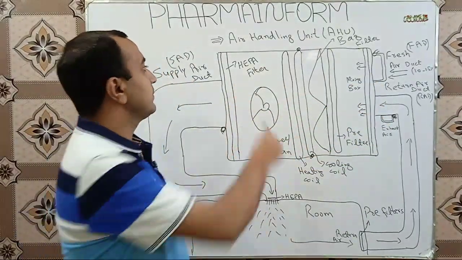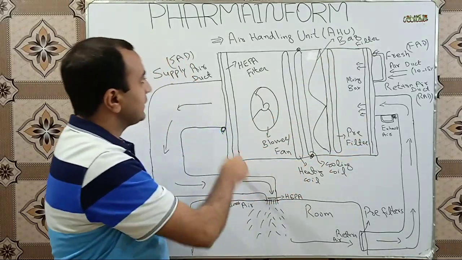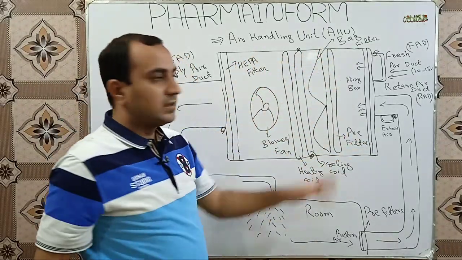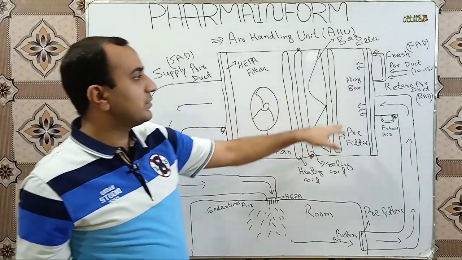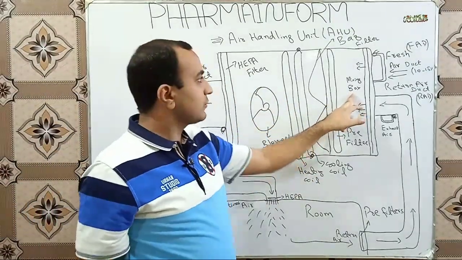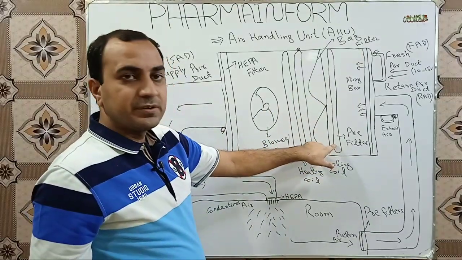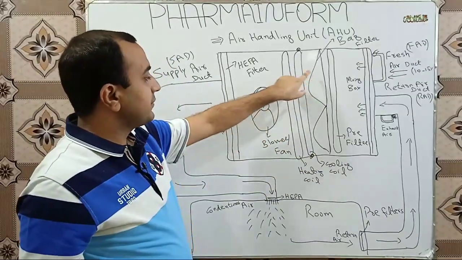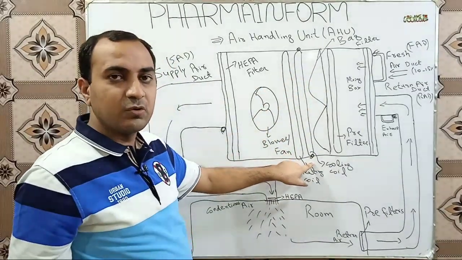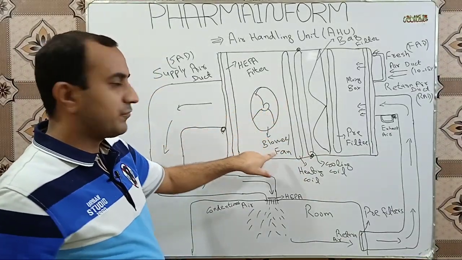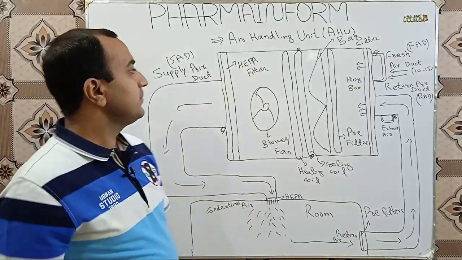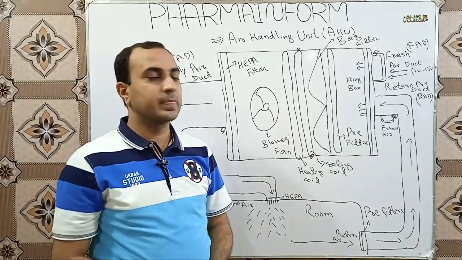First of all, this is basically the AHU, air handling unit. The air handling unit consists of many components like the mixing box, pre-filter, bag filters, cooling coil, heating coil, blower or fan, and maybe the HEPA filter.